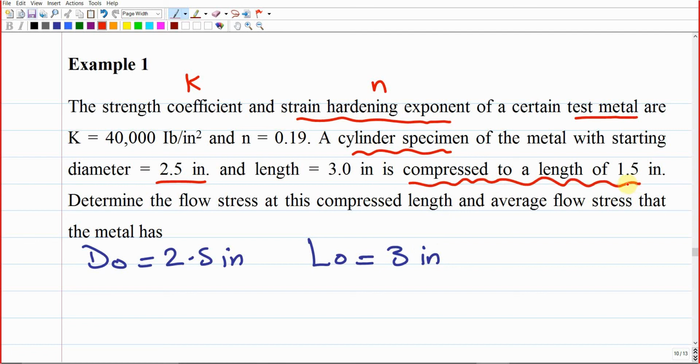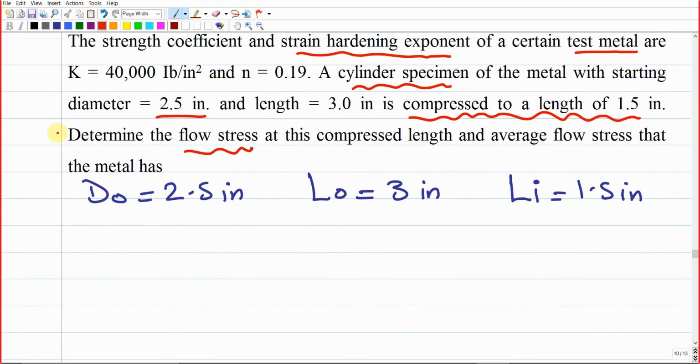The main objective of this operation is changing the length, whether by tension or compression, from 3 inches to 1.5 inches. Make sense? So we are going to decrease the length to the instantaneous length, the new length. It became 1.5 inches.